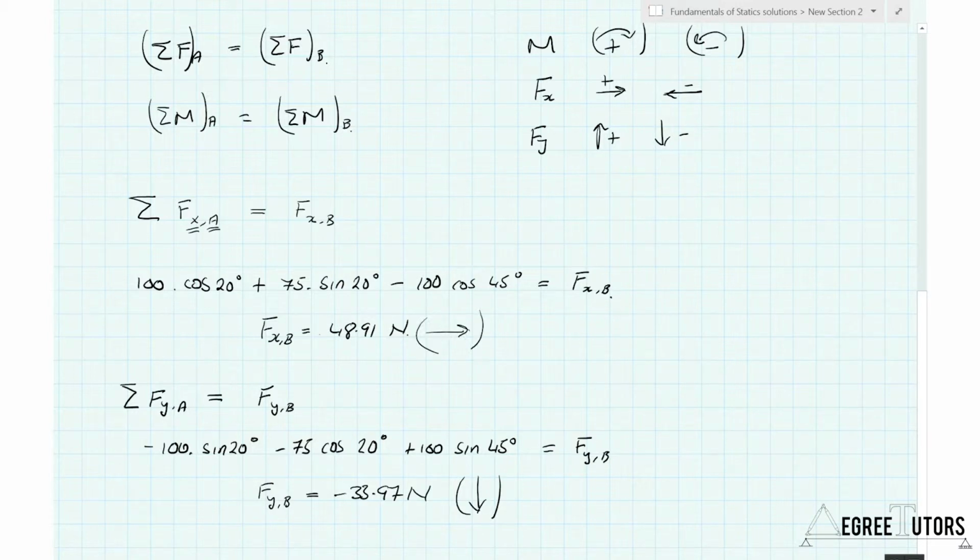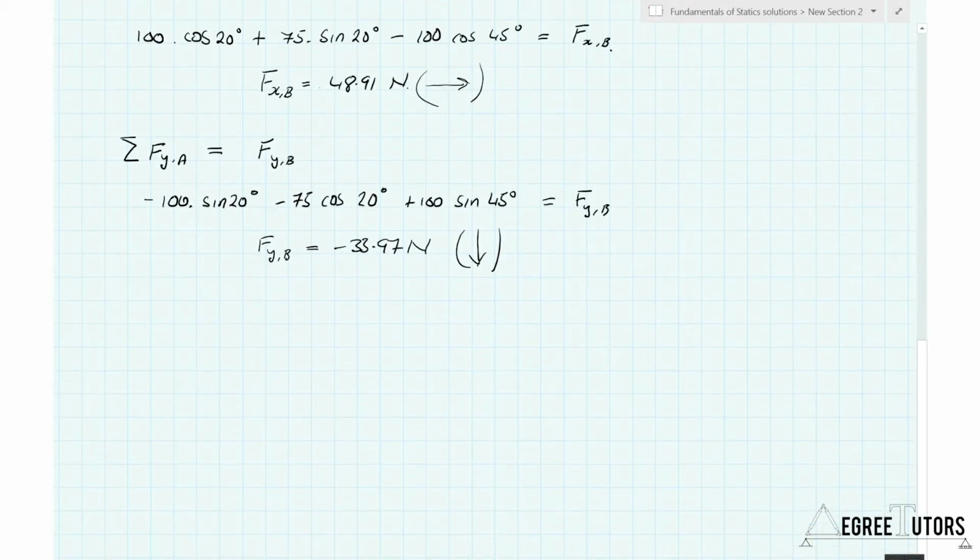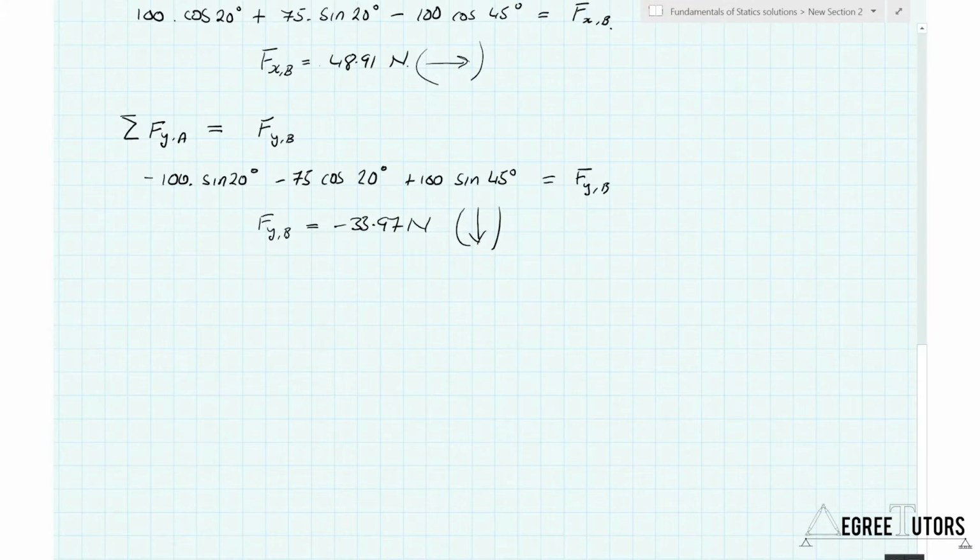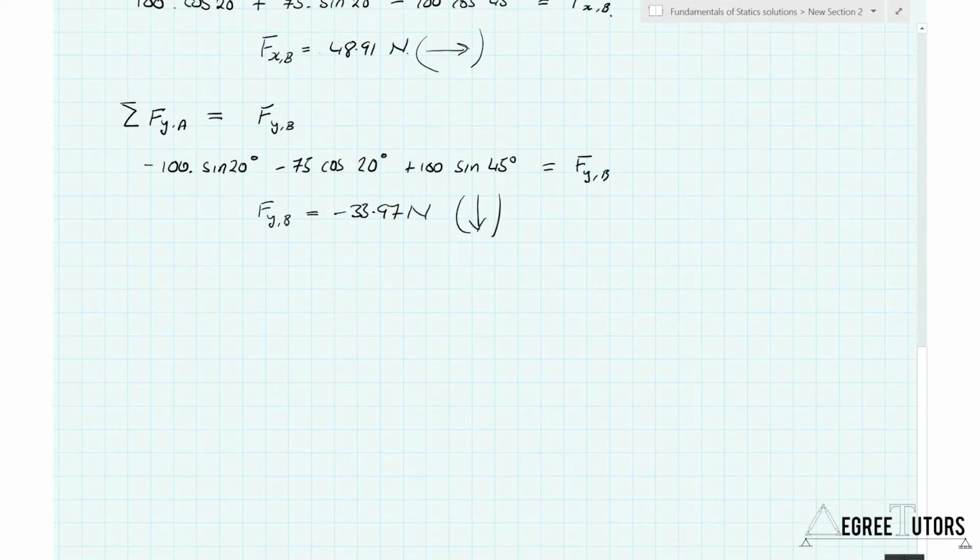Okay, so now we have worked out what the equivalent force in the x and y direction is for what we're calling system B. Now, we have to bear in mind that those are the two orthogonal force components, but we want to get the resultant force. So we can use the geometry of a right angle triangle to tell us what the resultant force is.